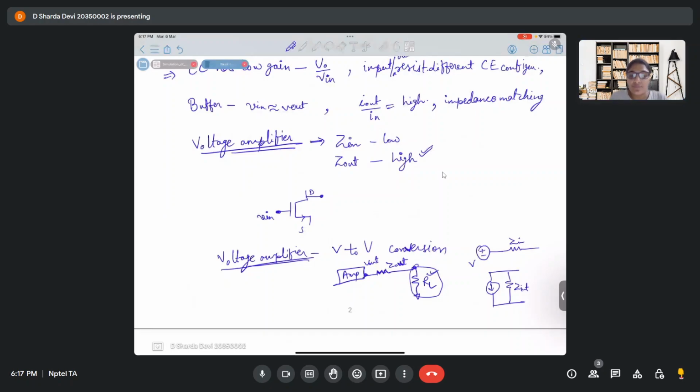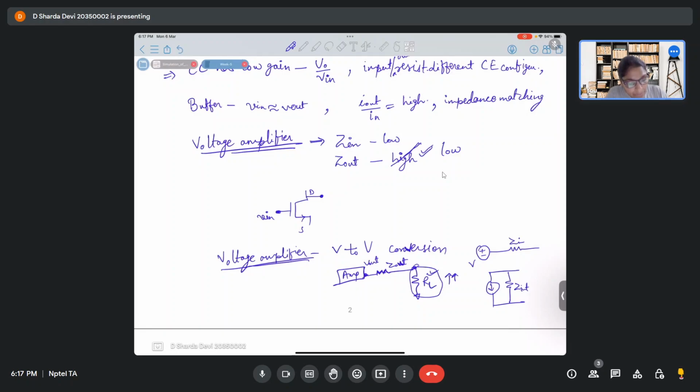Z out should actually be low, and RL should be high, as high as possible, so that all the output voltage should not drop across the transistors or the amplifier's output resistance or impedance. It should drop across the load. That is what we want, so that there is no wastage, right?